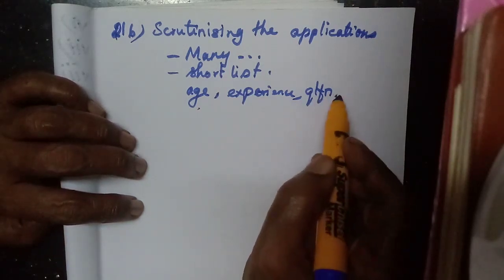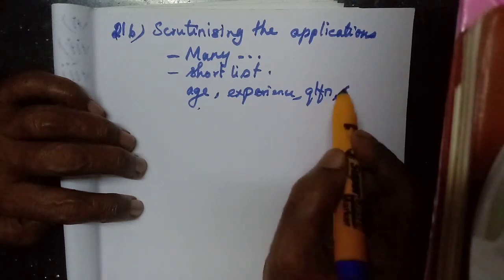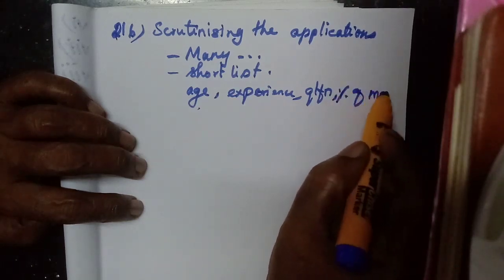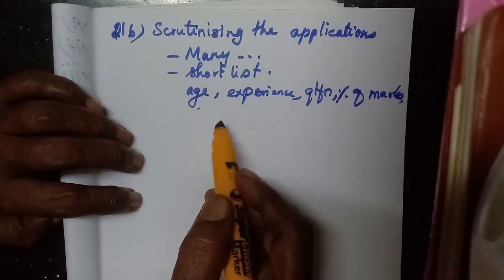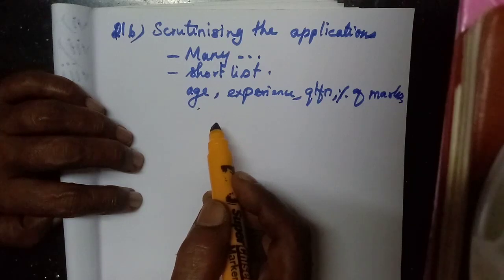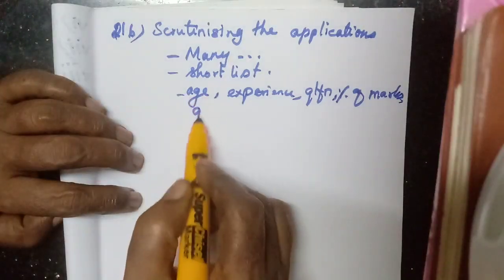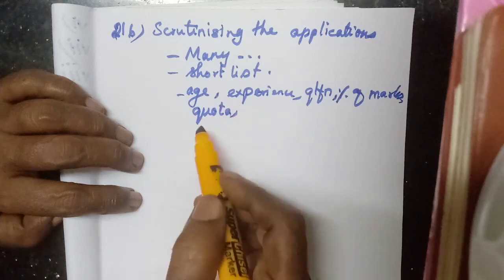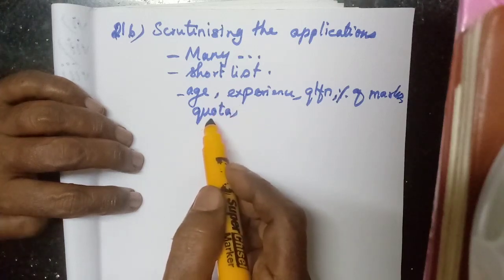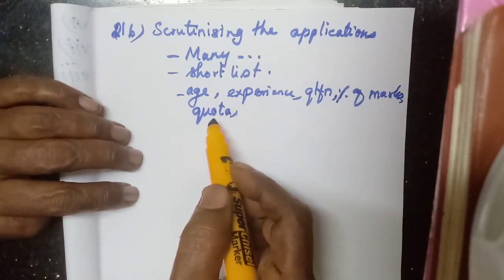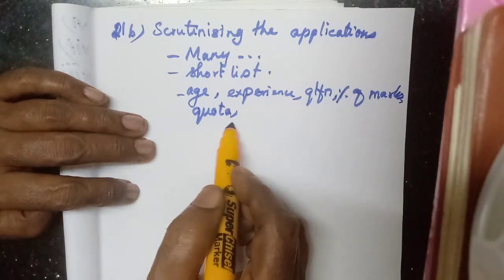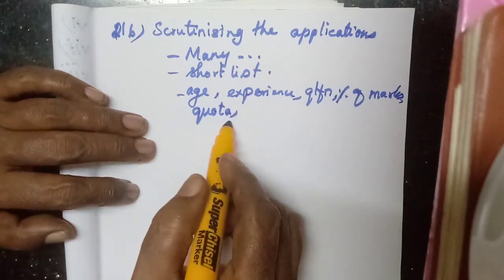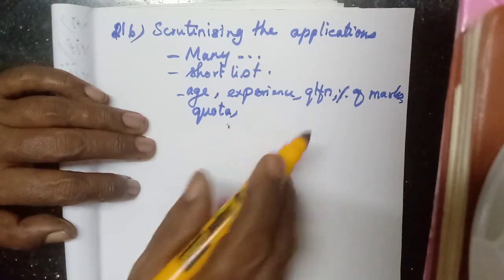Or the percentage of marks they have got; only those who have received first class marks will be selected. Or the quota, the reserved quota: only from backward classes and SC, ST alone they are going to employ, otherwise only forward caste people.